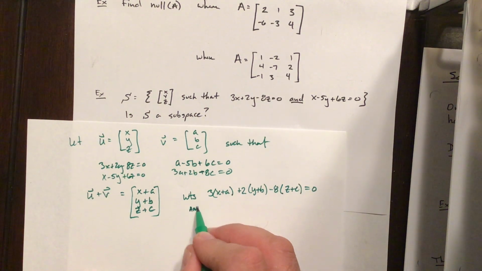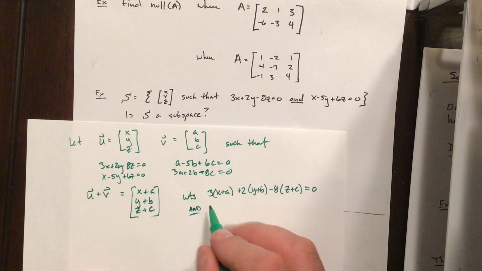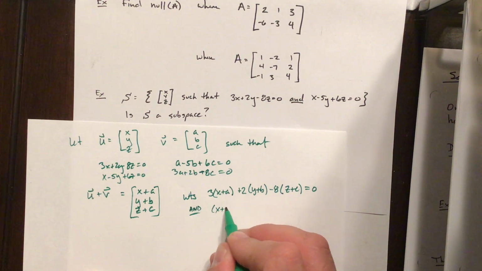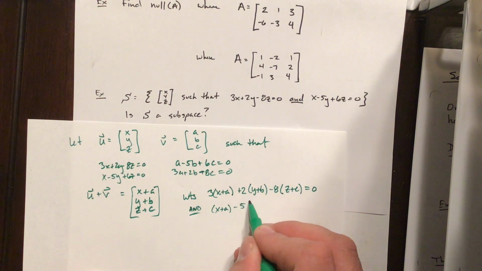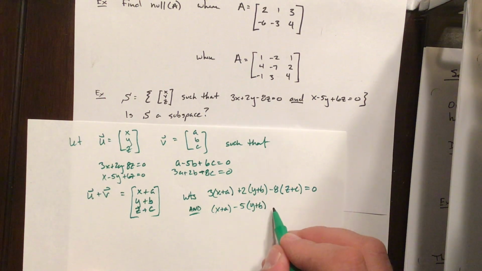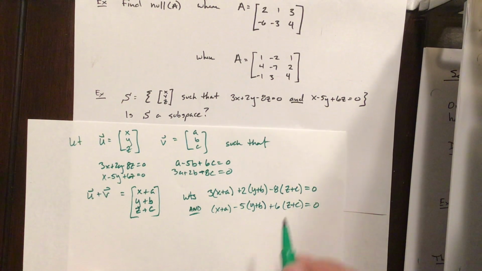And that the first component, x plus a, minus 5 times the second component, y plus b, plus 6 times the third component, z plus c, is equal to 0. And that's very doable, okay?